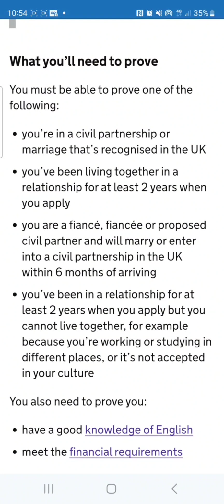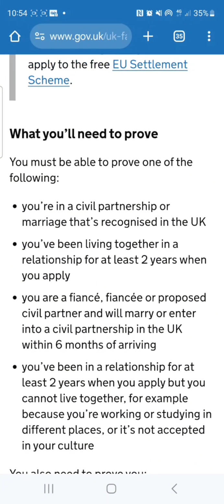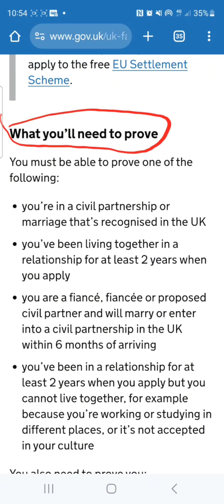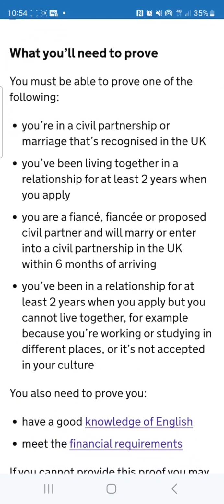What you will need to prove: you must be able to prove one of the following: you are in a civil partnership or marriage that's recognized in the UK, so you are registered with a UK recognized body for the marriage ceremony or civil partnership.